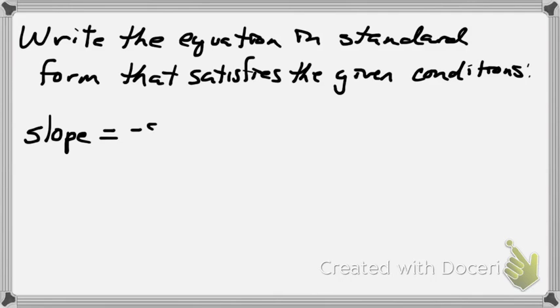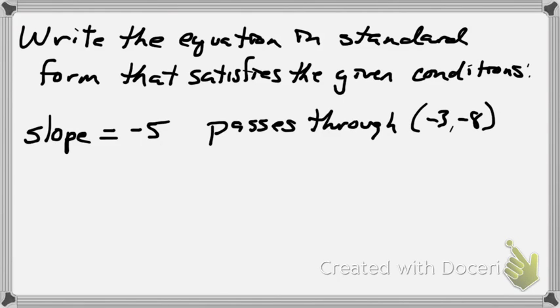First one, the slope is -5. And the line passes through -3, -8. We are going to use slope-intercept form to get to standard form. Remember I said slope-intercept form is kind of the one you work with, and then at the end you present it in standard form.